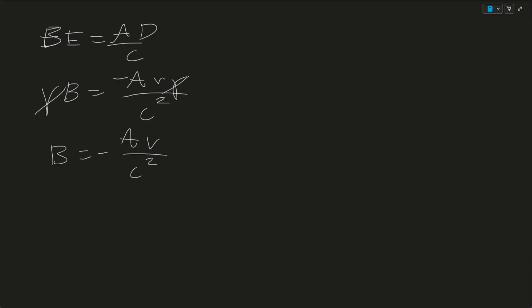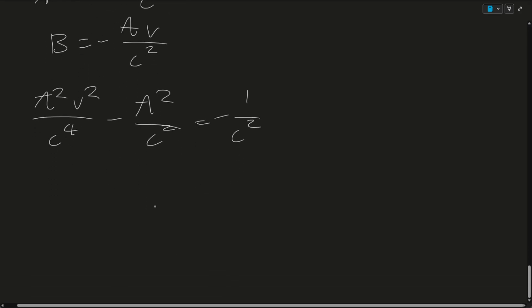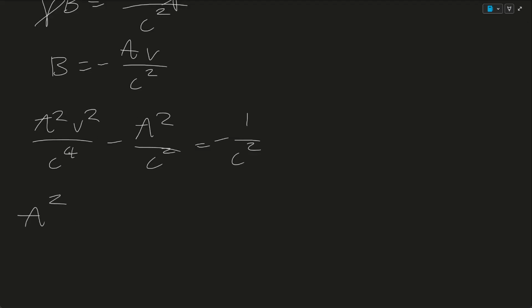And then we can find a squared v squared over c to the 4 minus a squared over c squared is equal to 1 minus 1 over c squared. Whoa, what an equation. Lots of squares. I can put on a squared, and then it's going to be v squared minus c squared over c to the 4 is equal to minus 1 over c squared.